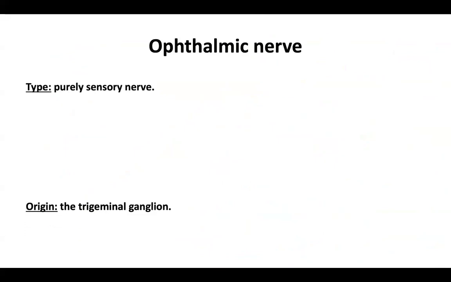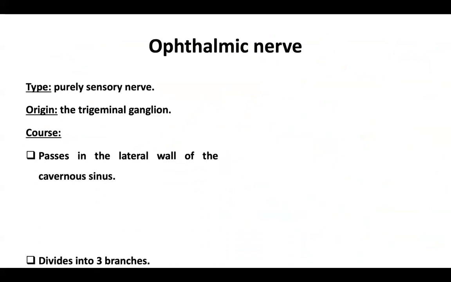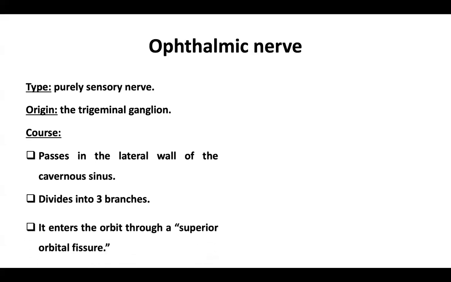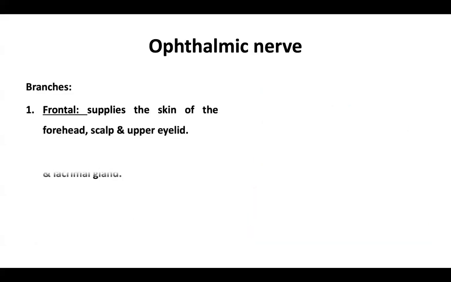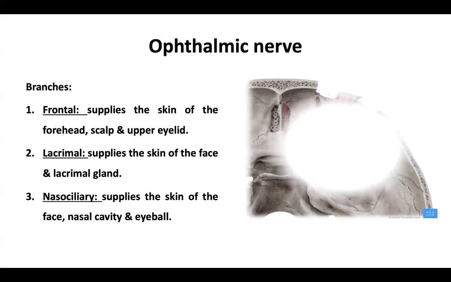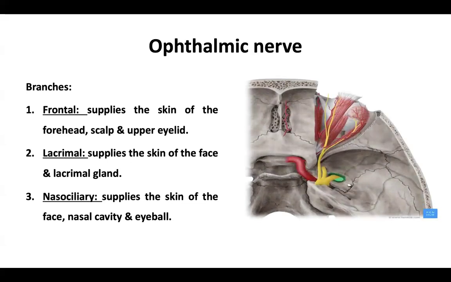The ophthalmic is sensory from the trigeminal ganglion and one of the contents of the lateral wall of the cavernous sinus, if you remember the atom: ophthalmic, maxillary, mandibular, oculomotor and trochlear. It supplies the eyeball, and the nasociliary supplies the lacrimal gland and the front of the forehead. So these are the branches of the ophthalmic division.